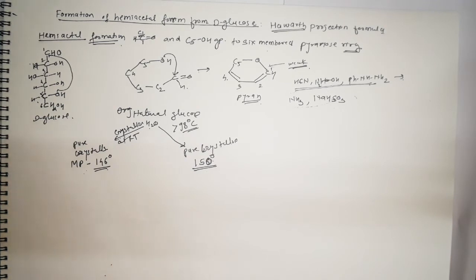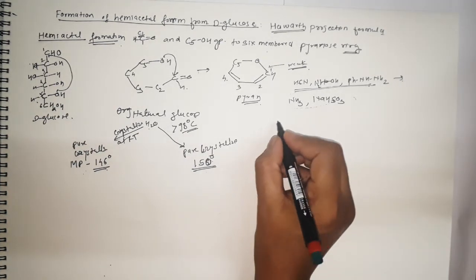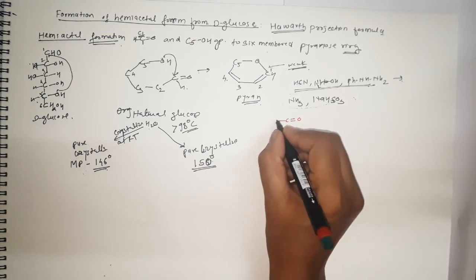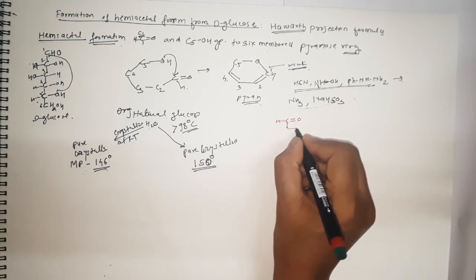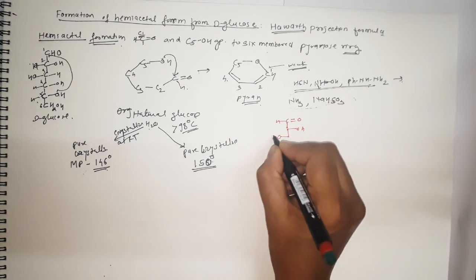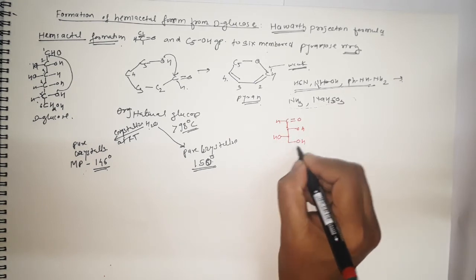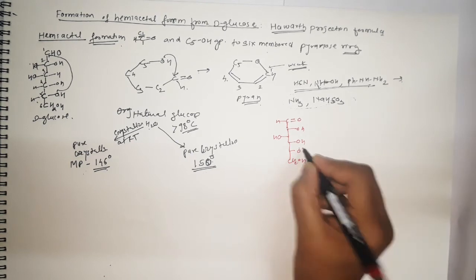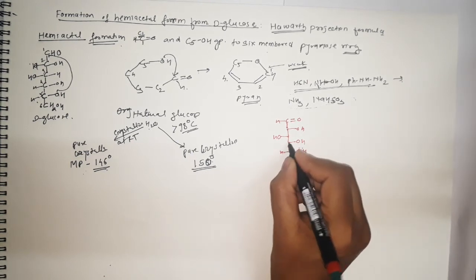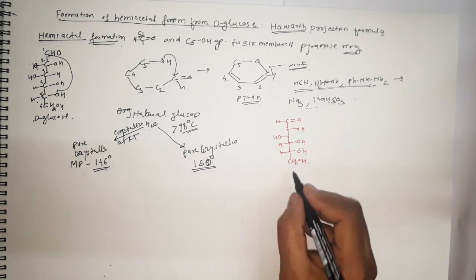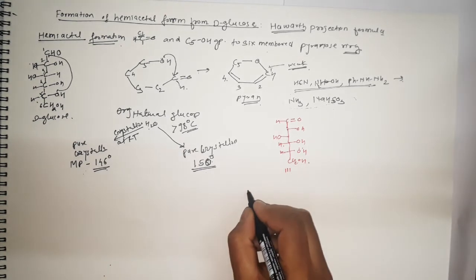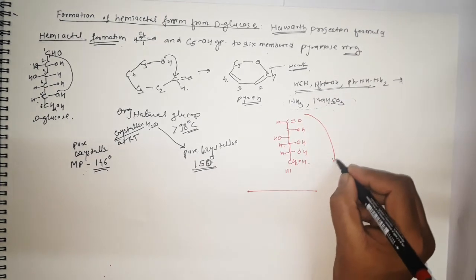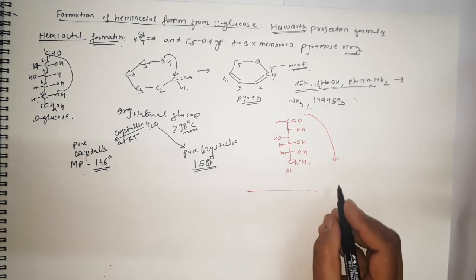So suppose we explain this: C double bond O, OH, OH, and this is your C5 OH, CH2OH. So you just write this in horizontal form.